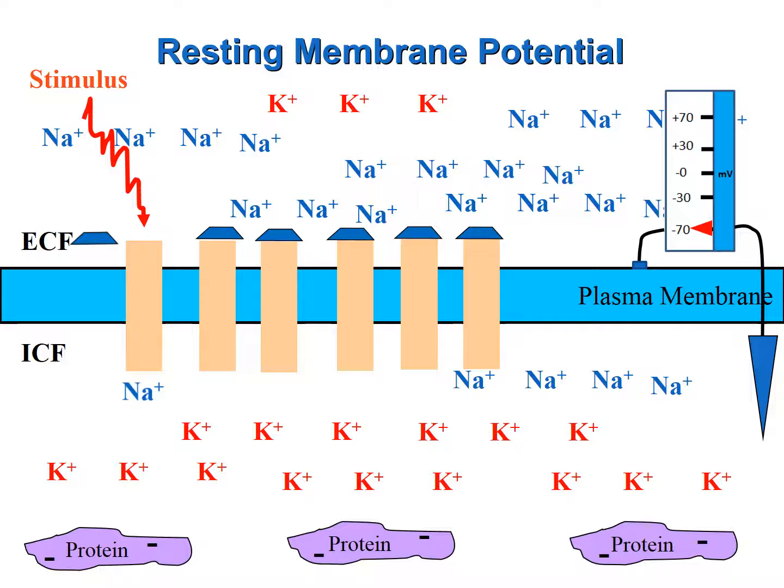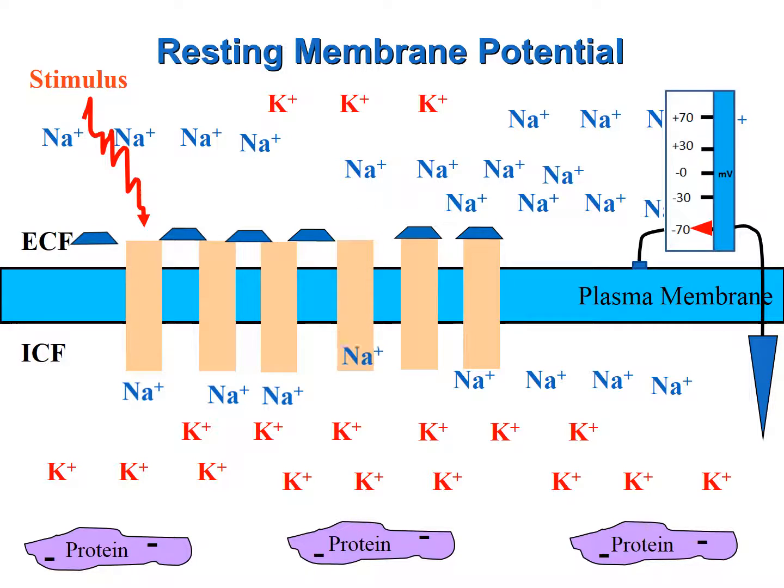This depolarization causes nearby voltage-sensitive sodium channels to open and allow sodium ions to move into the cell, which depolarizes the plasma membrane in that location, which depolarizes adjacent voltage-sensitive sodium channels, causing sodium to enter the cell, and so forth and so on.